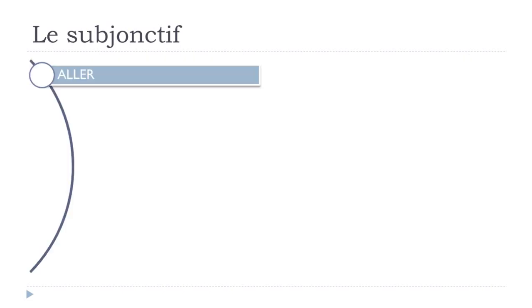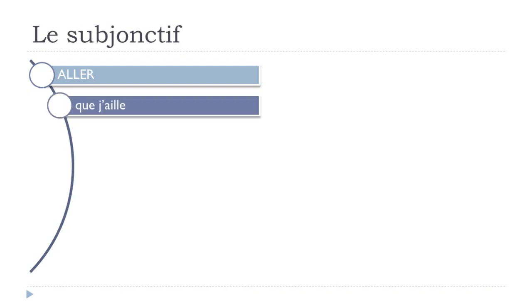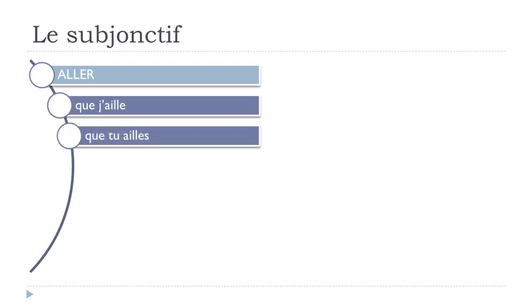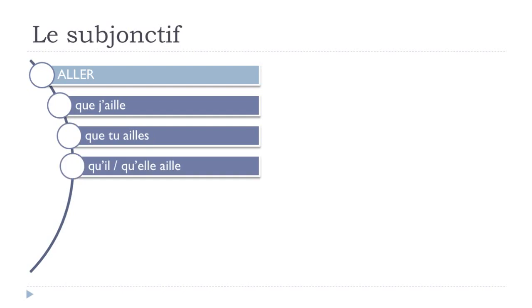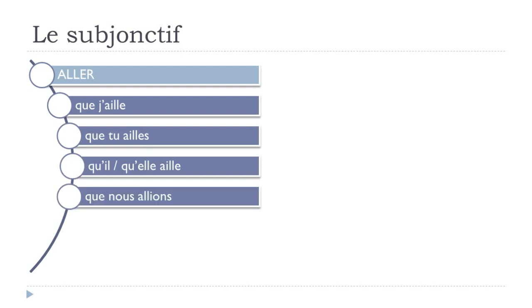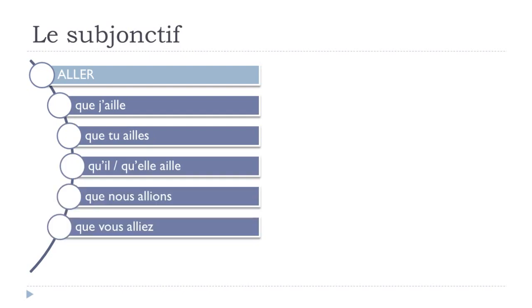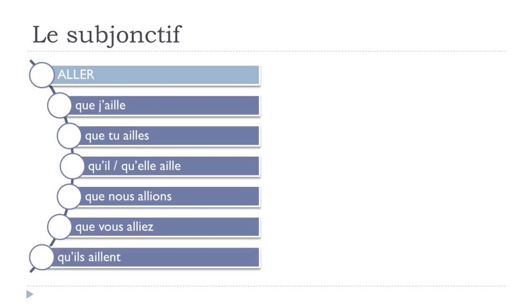Of course, we've got some more tricky verbs, and aller is usually one of them. Aller means to go. Have a look: que j'aille, que tu ailles, qu'il aille, qu'elle aille, que nous allions, que vous alliez, qu'ils aillent, qu'elles aillent.